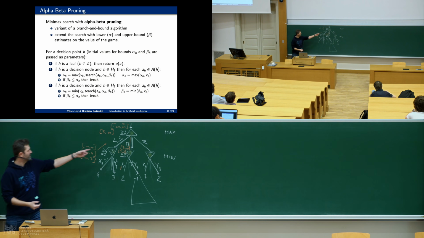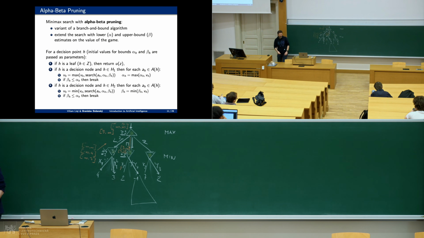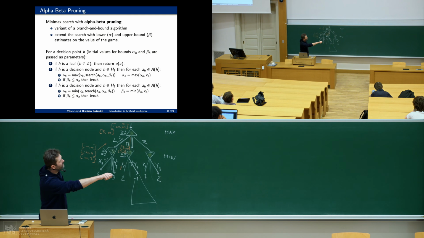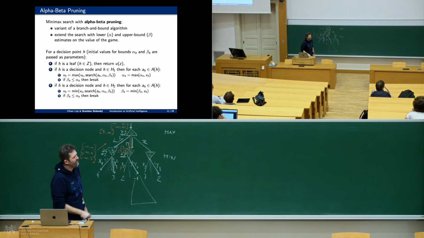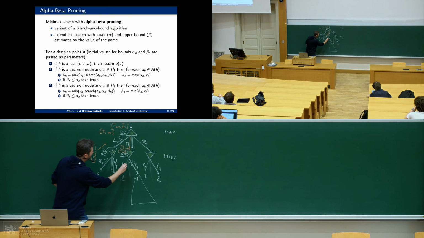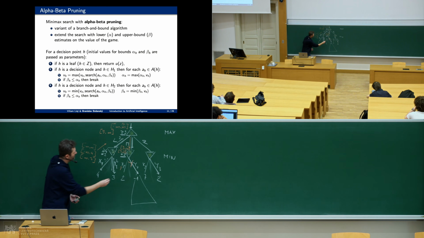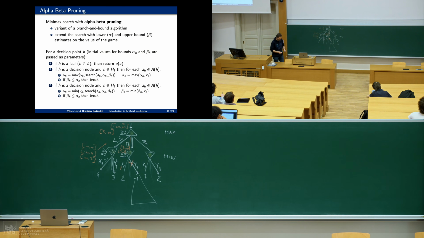My lower bound is higher than my upper bound. And this is my condition in alpha beta pruning. Whenever beta, the upper bound, is lower than the lower bound, then I can stop searching. And that's how I know that I can stop and not explore this part of the search tree.